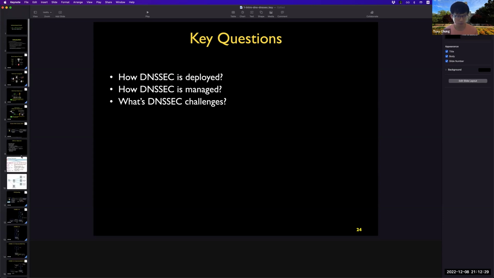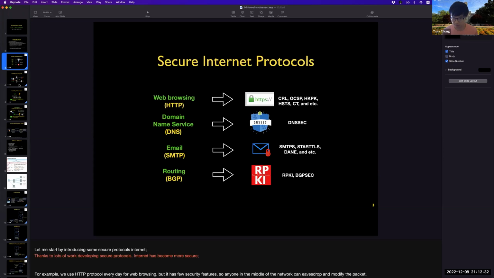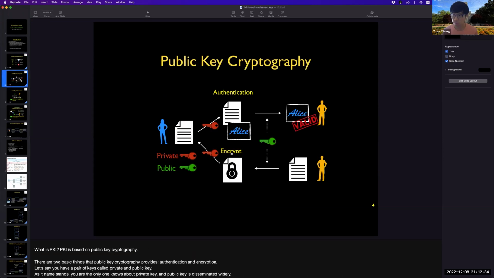So last class we talked about the key concept of public key infrastructure. Just to recap, to understand the public key infrastructure, you have to know what public key cryptography is, right? Public key cryptography is asymmetric cryptography.